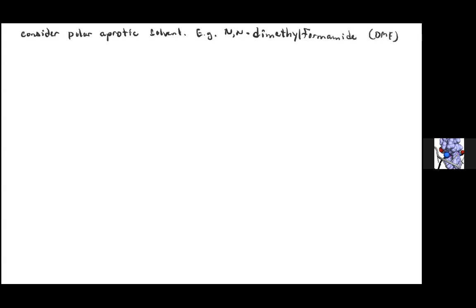Just to remind you, this is the structure of DMF. It is a very polar solvent, but it doesn't have any hydrogen bonds. It does not behave as a hydrogen bond donor.